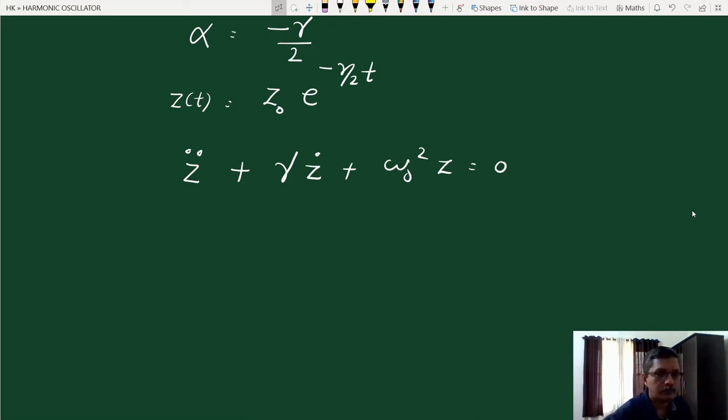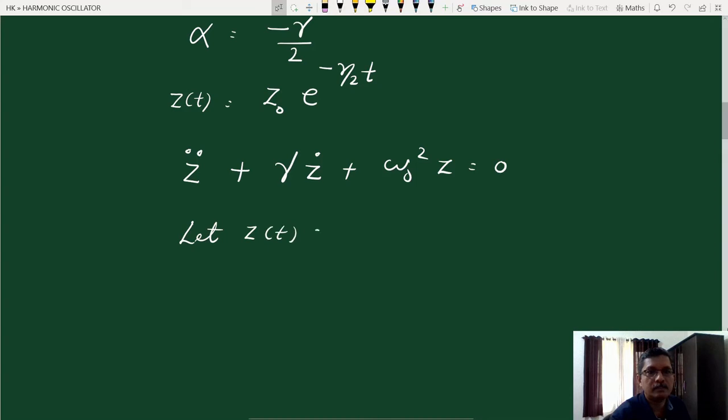So let us start with another trial solution. Let z of t be equal to, instead of z0, some u which is a function of t, times e raised to minus gamma by 2 into t.